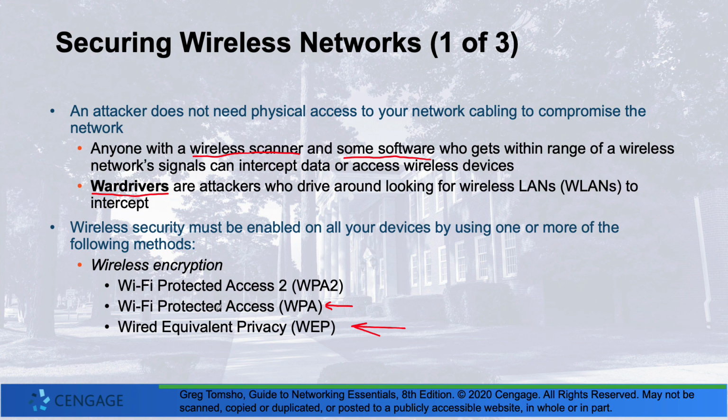When the standard was finally ratified, when it was finally formalized, it became WPA2. Okay? WPA2 is the strongest mechanism you can use. So any exam that asks you, WPA2 is the strongest, WEP is the weakest.